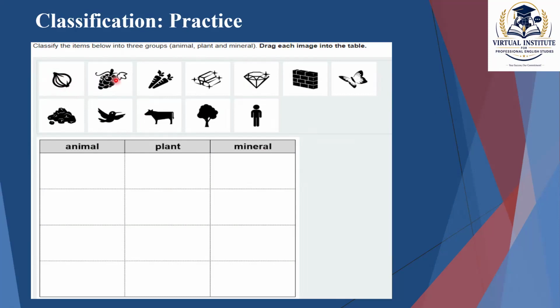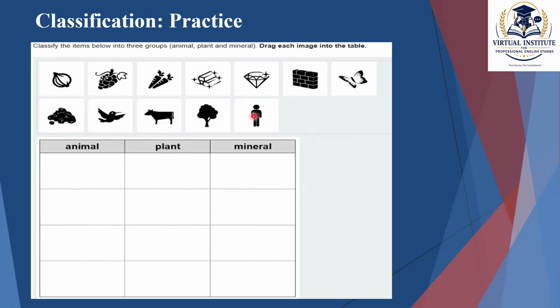Okay, Atika, could you please tell me about this one? Is it a plant? Yes, it's also a plant. Now, Asia, could you please tell me this one? Minerals. Yes, it's coal, right? So it belongs to the field of minerals.